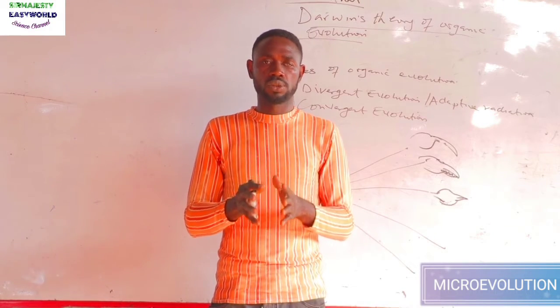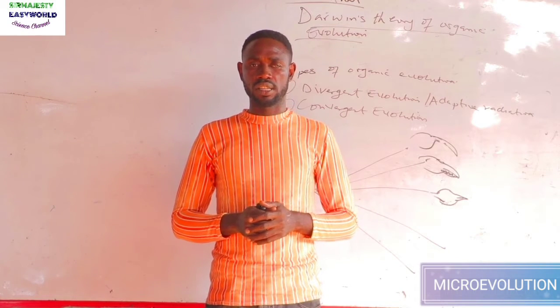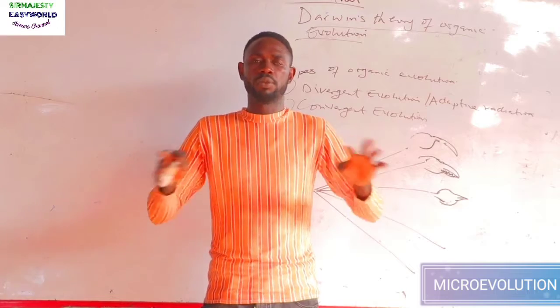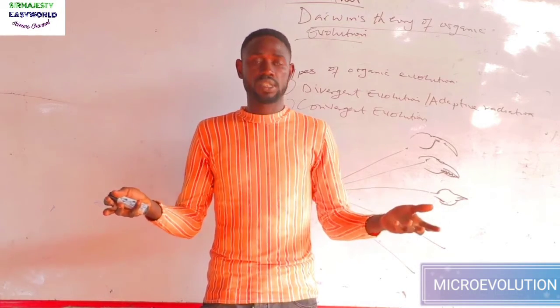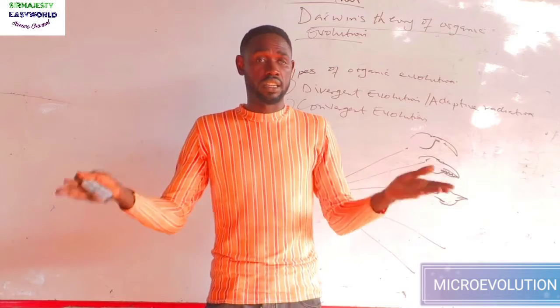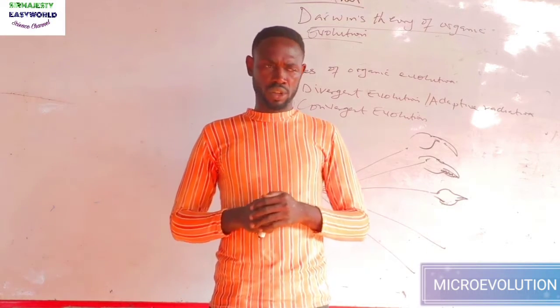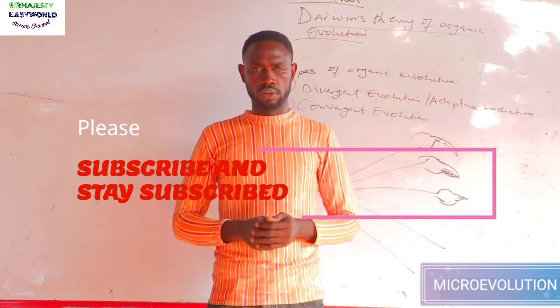It might interest you to know that in the beginning, sickle cell anemia wasn't in existence. It came from mutation of those that have normal hemoglobin. So sicklers evolved from the ones that have normal hemoglobin, the AA individuals. So when we get to the point of mutation in genetics, just stay subscribed. There are things we call point mutation.